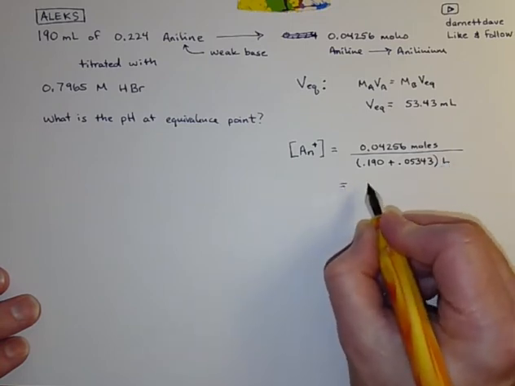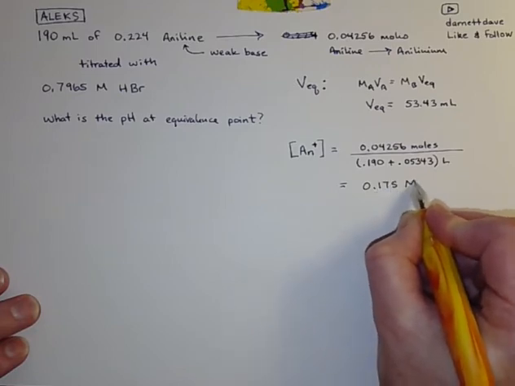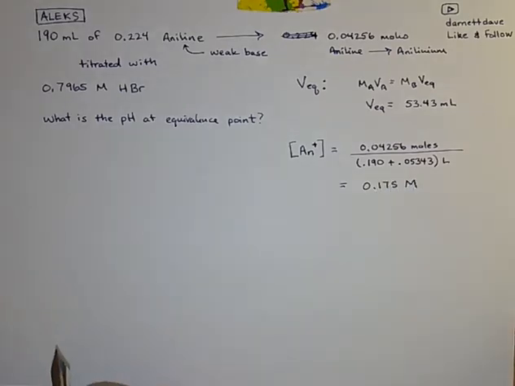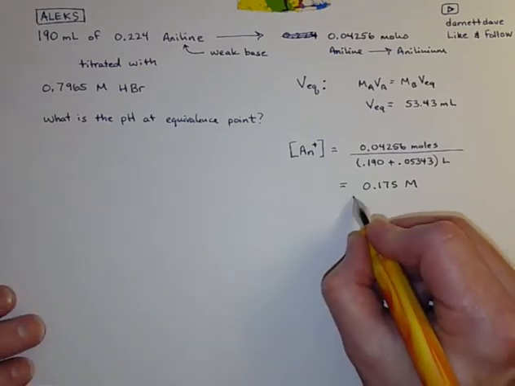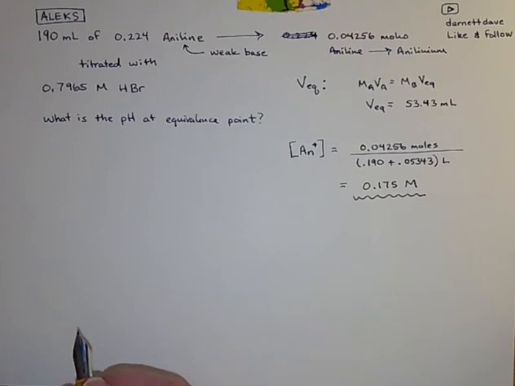And that gives us a concentration of 0.175 molar. Okay, so that's our first part where we've calculated the concentration of the anilinium.